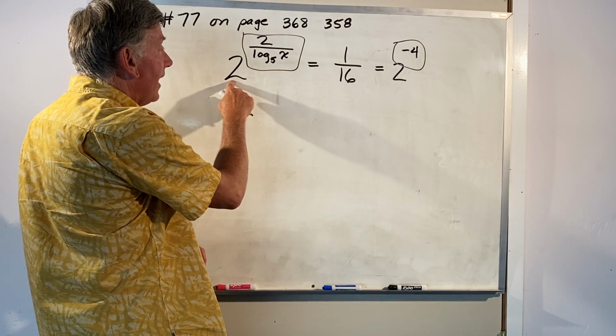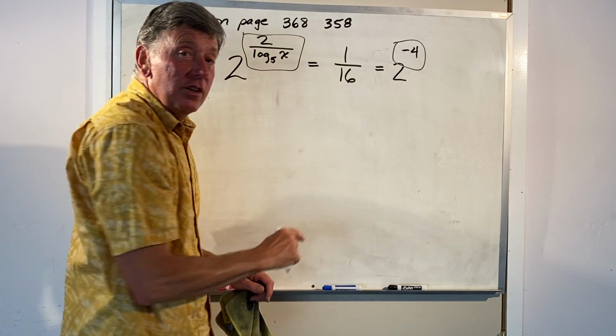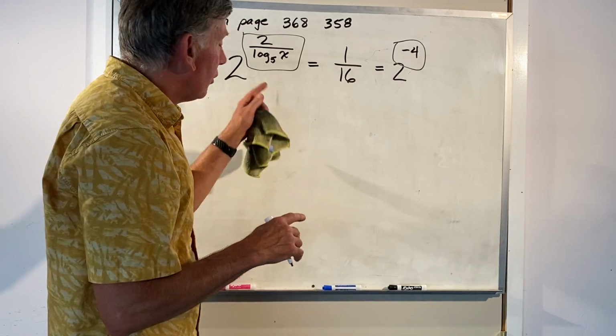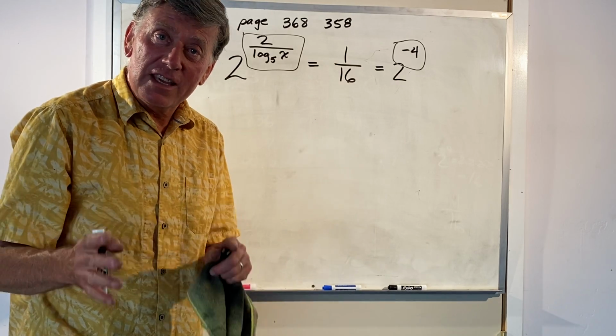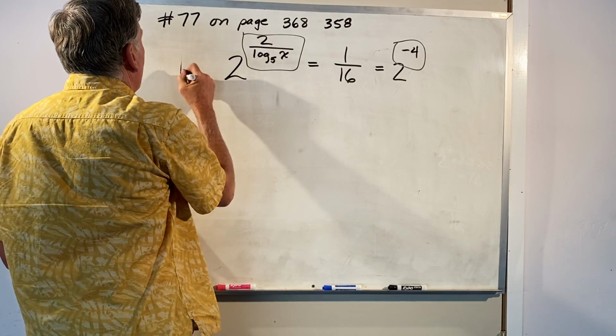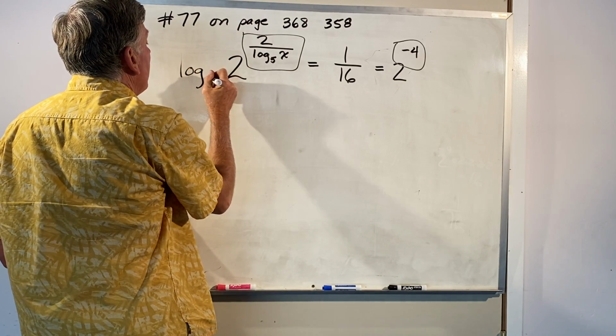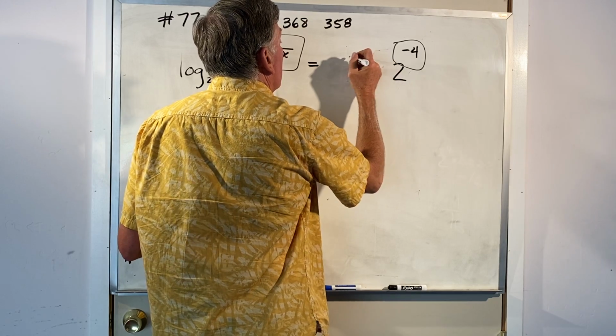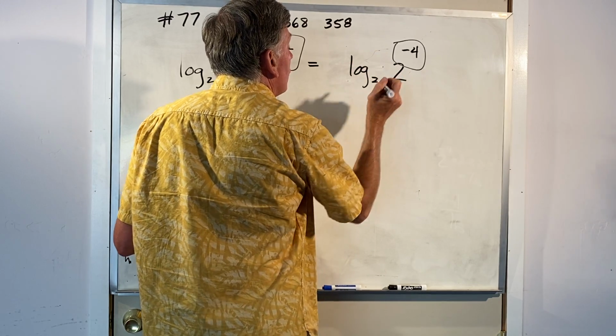Right now I have an exponential function happening. To get the exponent all by itself, I'm going to take the inverse function, which is the log base 2, and I'm going to write that here, and here.